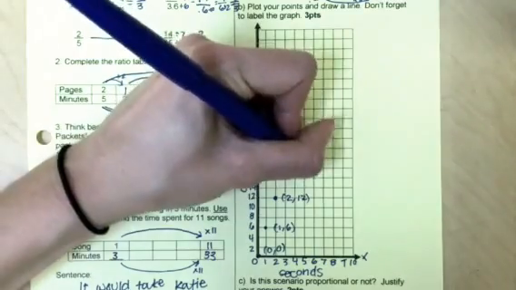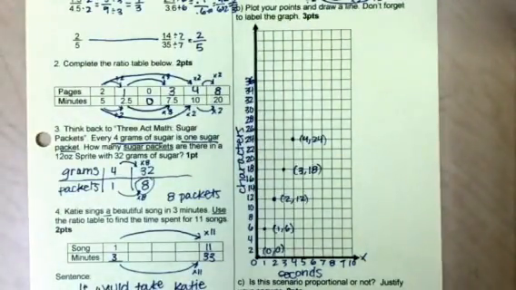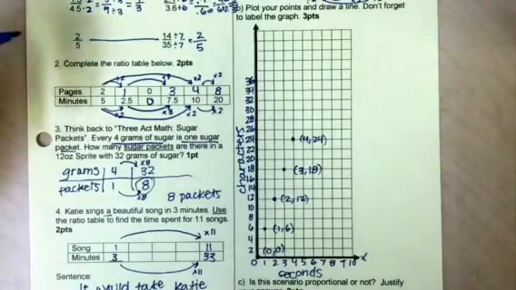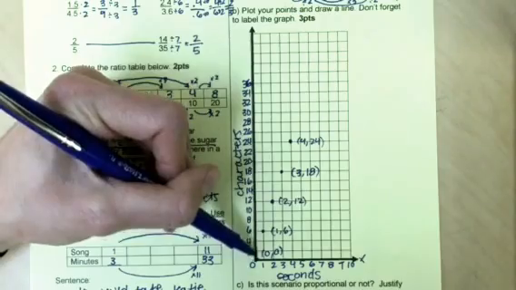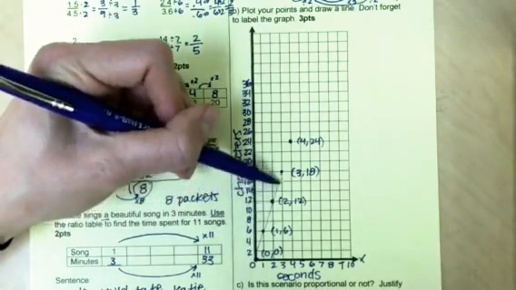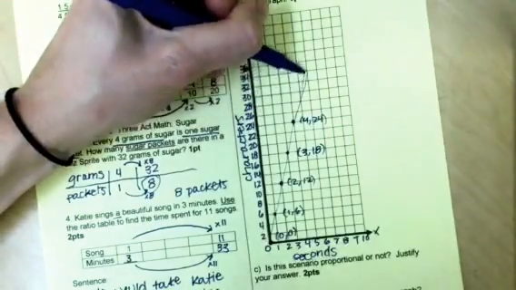Okay, things are looking good because all of my dots are going in a straight line, so it looks like I'm doing this correctly. I do not have a ruler with me, but I'm just going to draw what our line looks like the best I can. Please use a ruler on your quiz.